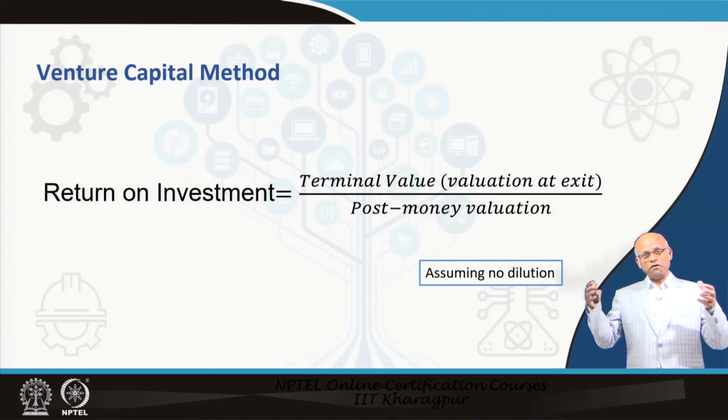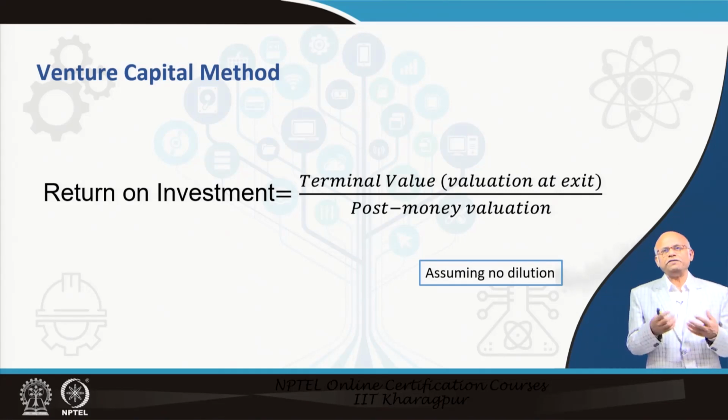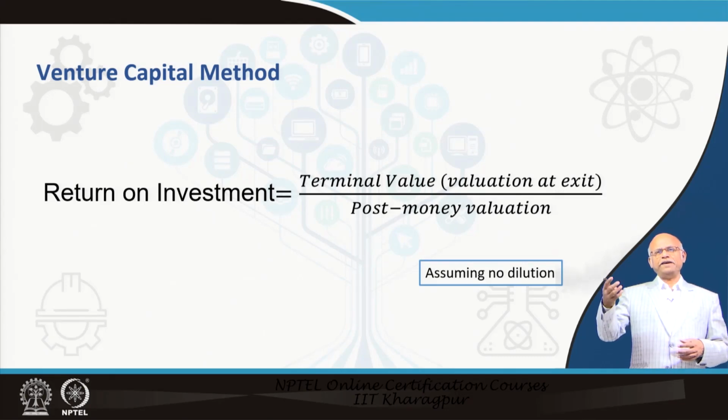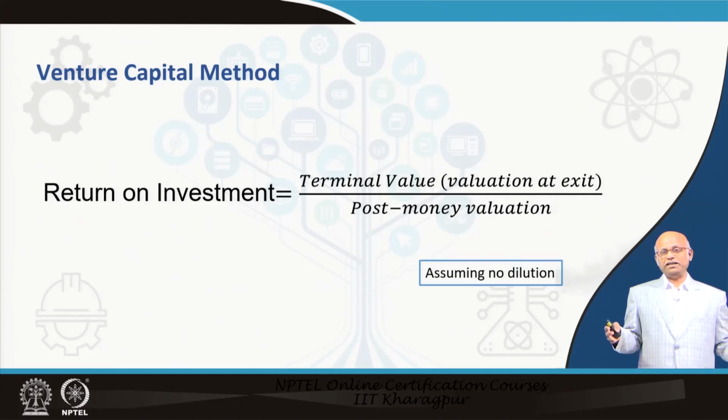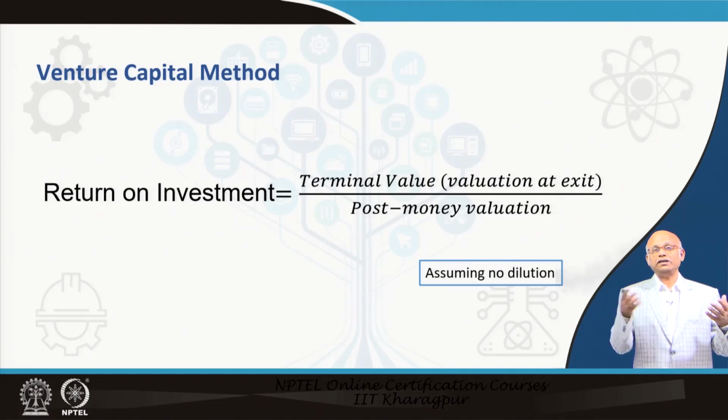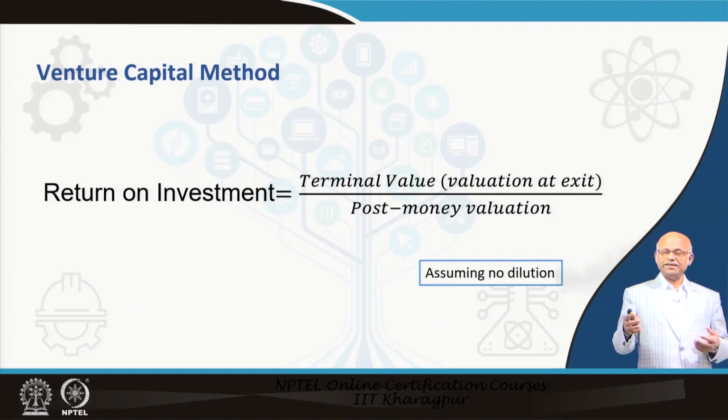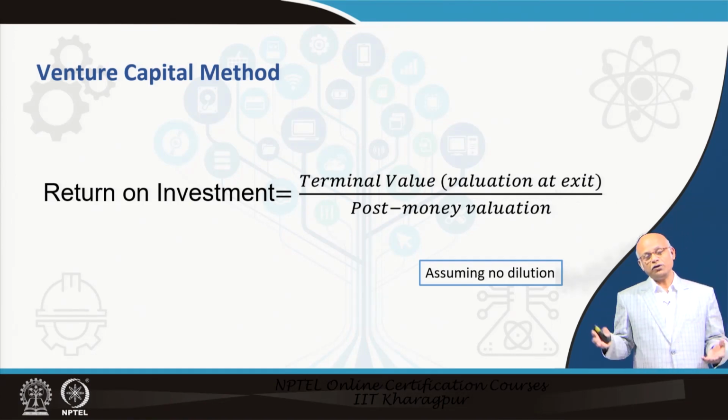So, 4 plus 1, $5 million is the post-money value, and after 5 years they see a valuation of say $100 million. So, 100 million divided by 5 million is equal to a return on investment of 20 times, 20x.